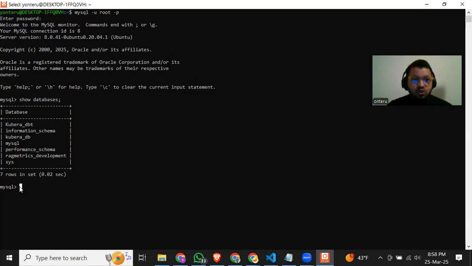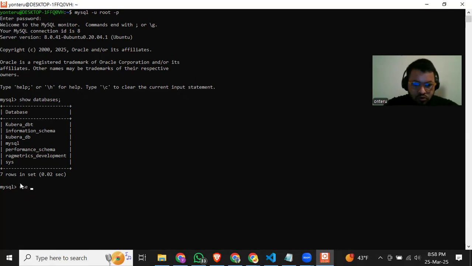I want to store all the customer data and the transaction data in my database. For that, right now I'm using MySQL because I don't have any cloud technology. So this Kubera DBT is my database, which can store all the customer details and login and logout details in my legacy system, which is MySQL.